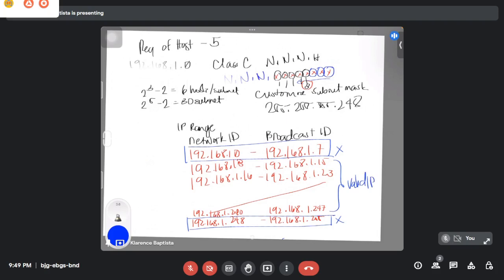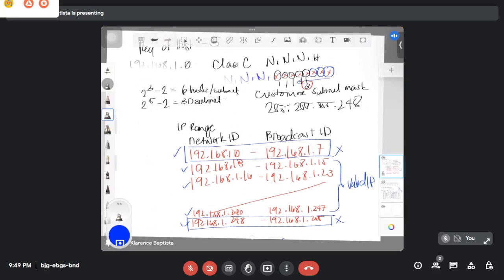So, maganda sana, if you're given a problem sa exam, if you're going to have the exam of subnetting, kunin natin to. 1, 2, 3, 4, 5, no? 5 range. Pakita nyo rin po yung invalid na IPs or valid subnets and then yung invalid subnets.